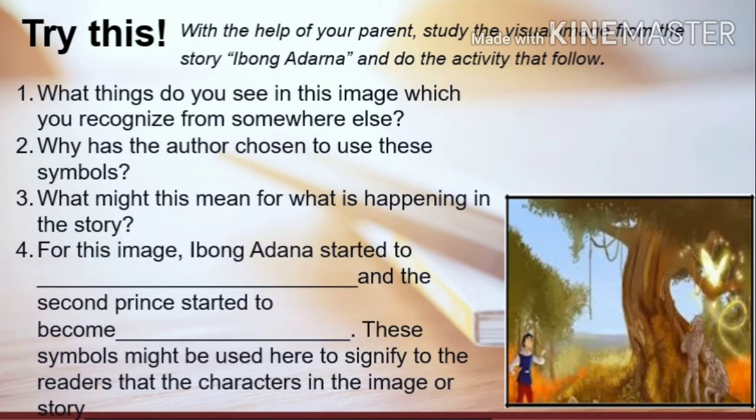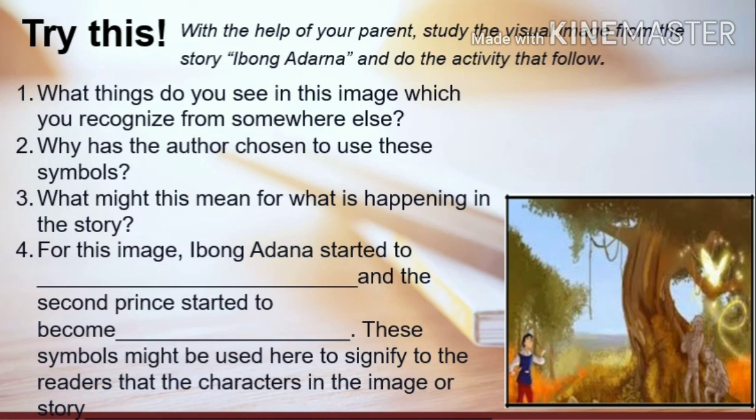Another one. With the help of your parent, study the visual image from the story Ibong Adarna and do the activity that follows. You need to answer the following questions based on the image provided. What things do you see in this image which you recognize from somewhere else?